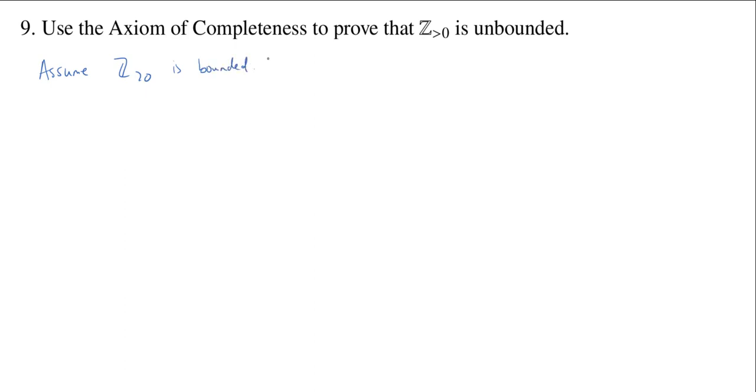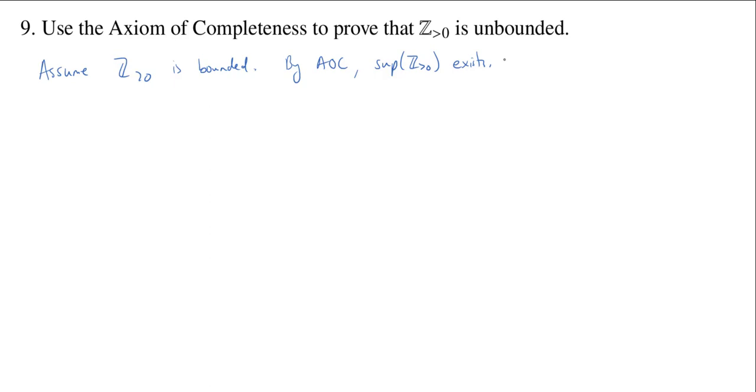We do that so that we can use the axiom of completeness, because the axiom of completeness tells us that every non-empty bounded subset of the reals has a supremum. Of course, the positive integers are non-empty. So assume that they're bounded. Then by the axiom of completeness, the supremum exists.